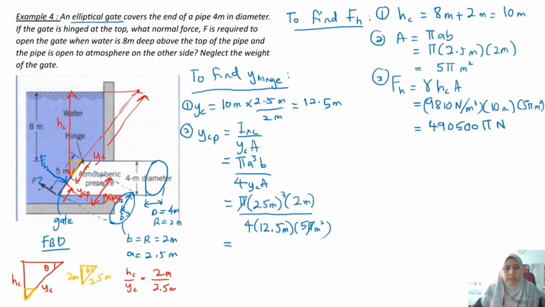So you get 0.125 meters. Then find Y hinge. Basically Y hinge is YCP plus half of 5, which is YCP plus 2.5. So it's 2.625 meters.